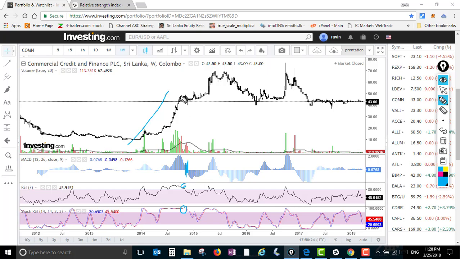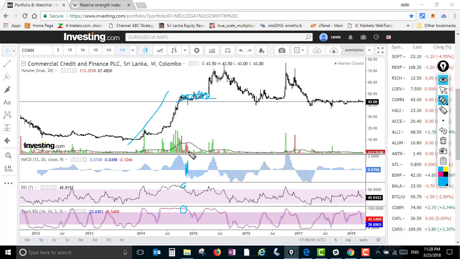But the price action is sideways. If you are in a sideways market, this time you have to look not at the MACD, but only at the RSI and stochastic RSI.